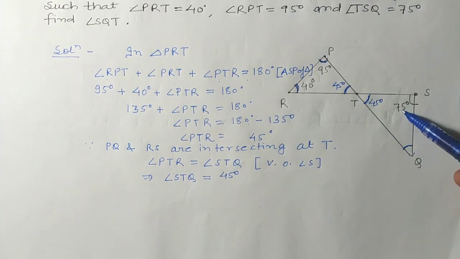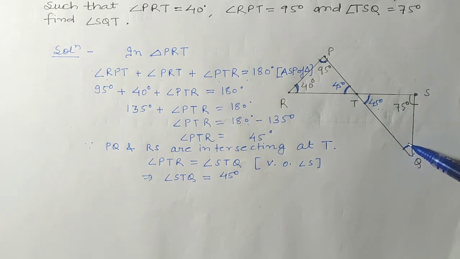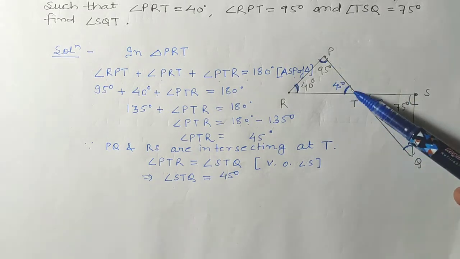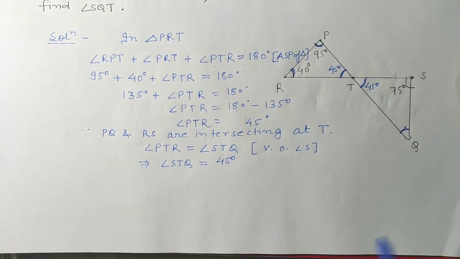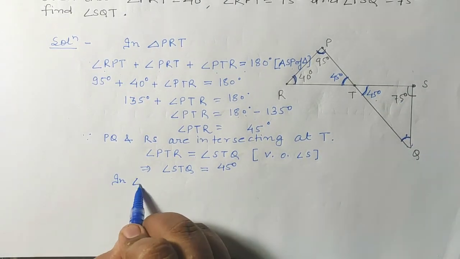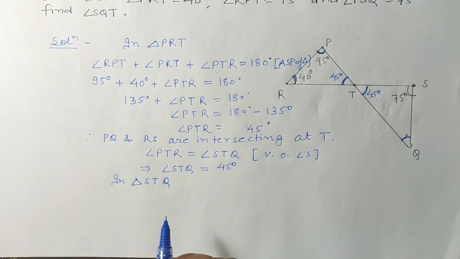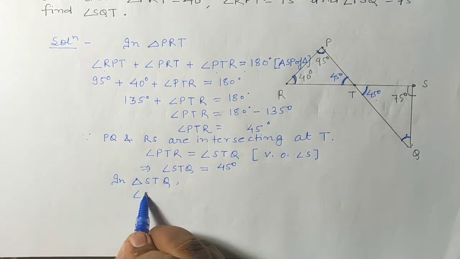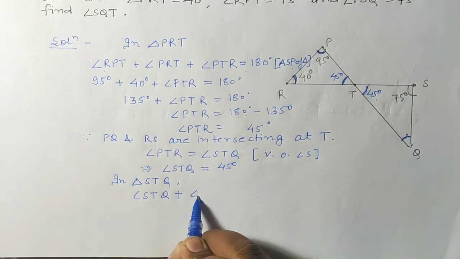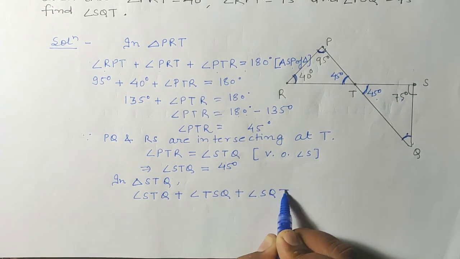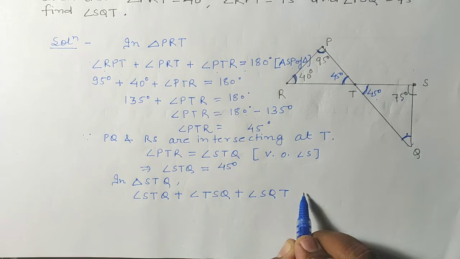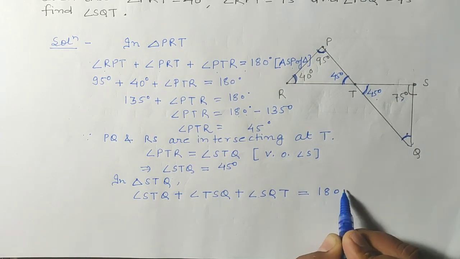Now this is 75 degree, this is 45 degree, and we have to find this angle. We'll find it in the same manner as we found the angle in the previous triangle. Now in triangle STQ, angle STQ plus angle TSQ plus angle SQT, the sum of all angles should be equal to 180 degree.